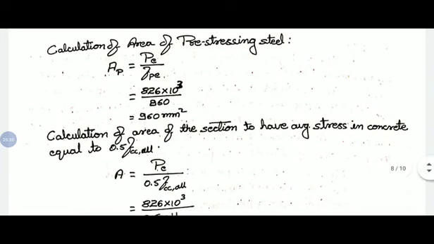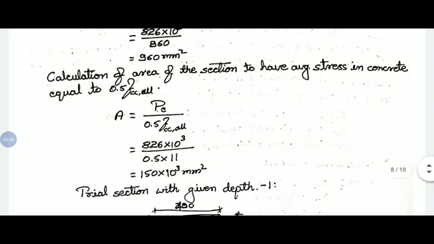Based on that same effective pre-stressing force, we need to find out the area of cross section of concrete required. For that, A equals PE, the effective pre-stressing force, upon 0.5 times the allowable stress at service. We need to consider whichever is minimum when comparing the allowable stress at transfer and the allowable stress at service.